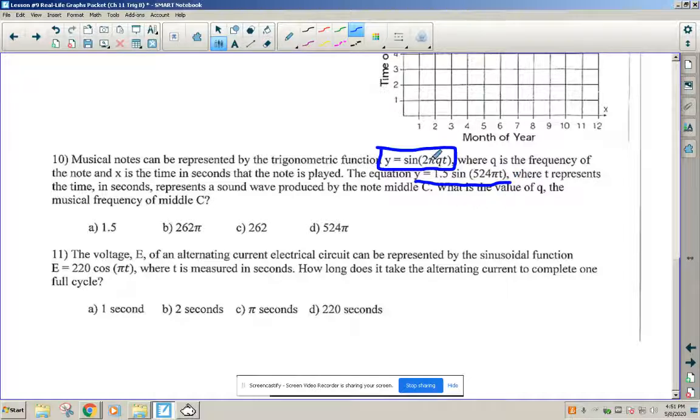Now, what we see with this is that 2 pi q and there's the time, which would be the x on a graph. But I now have 524 pi.